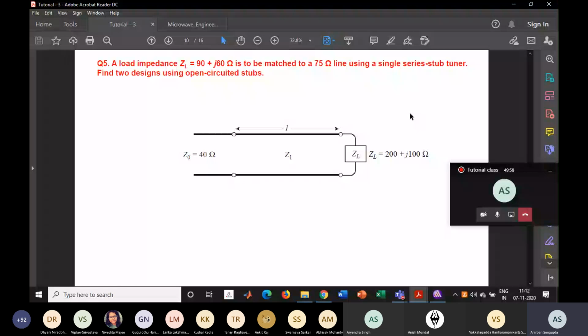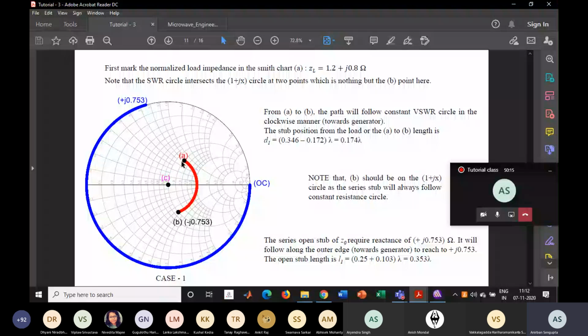Then from the load locus, find the intersection point with the circle. For this case I have considered R equals 1. For the shunt case, you consider the G equals 1 circle at the other end. For that, the open circuit and short circuit positions change, and according to that you calculate the length.